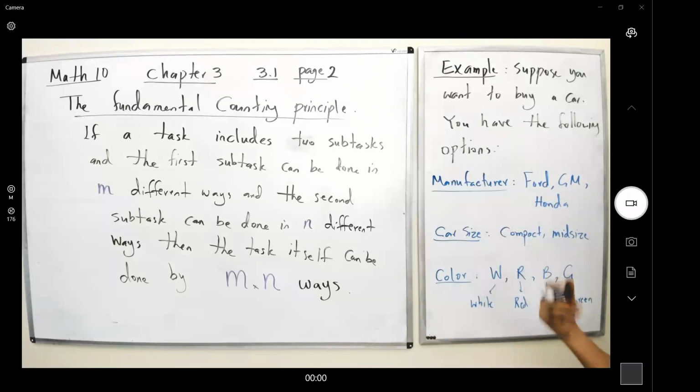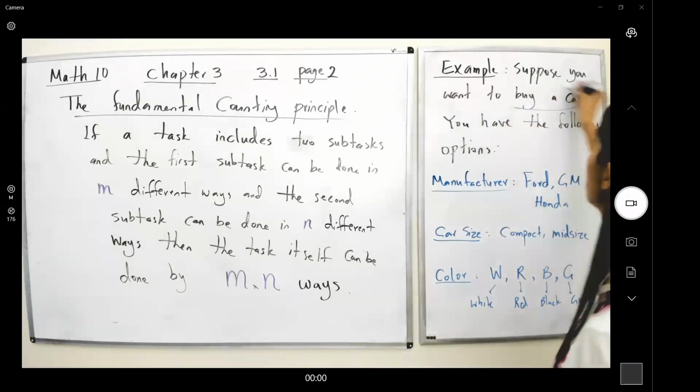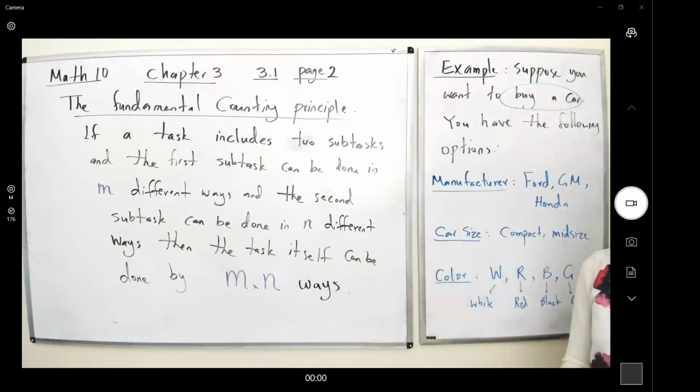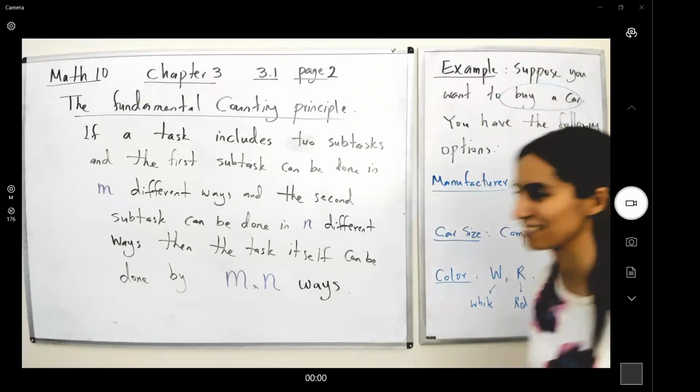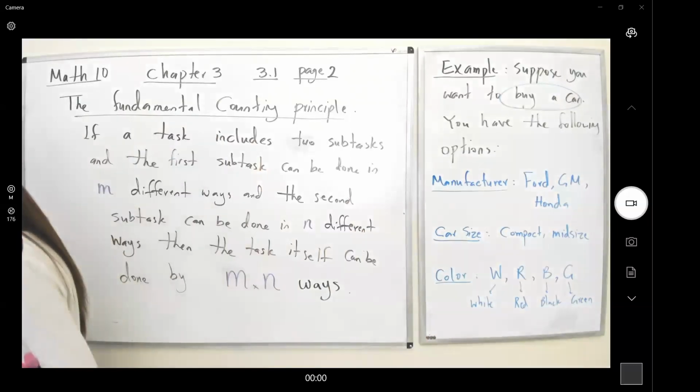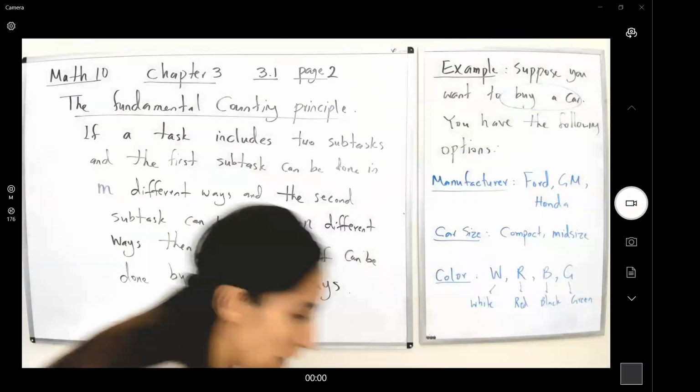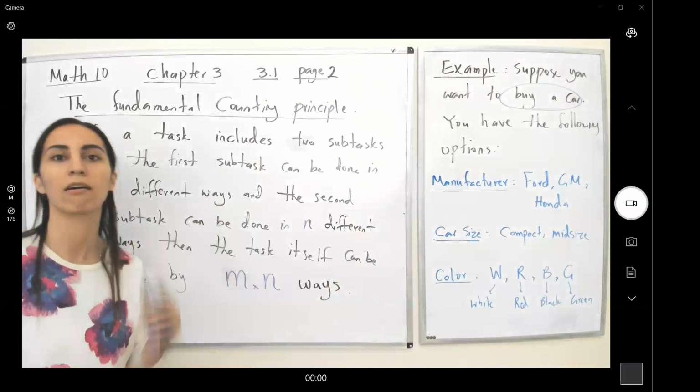Well, how many options do you have? Here you have a task of buying a car, and it has 3 subtasks. Each subtask has its own options. In how many ways can you actually buy a car?